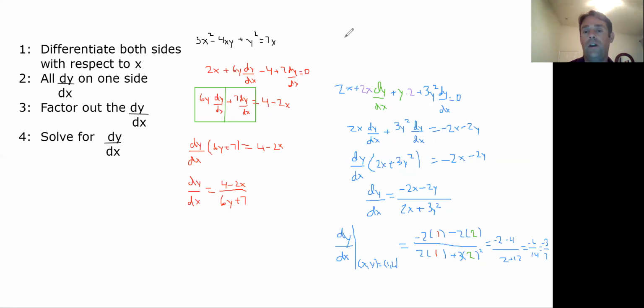And then I'm also going to have you guys do sine of x plus y equals 5x squared. Now, go ahead and pause the video here and see what you can do with this.